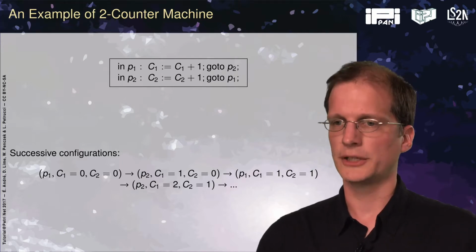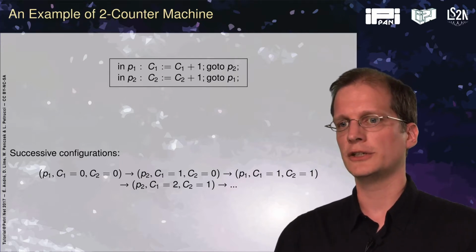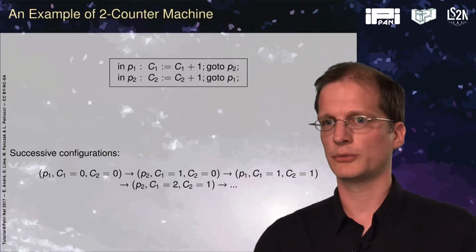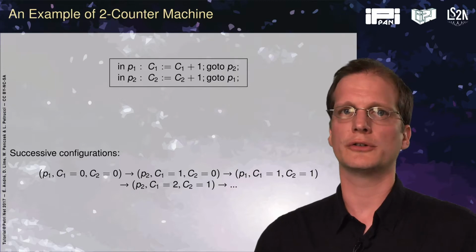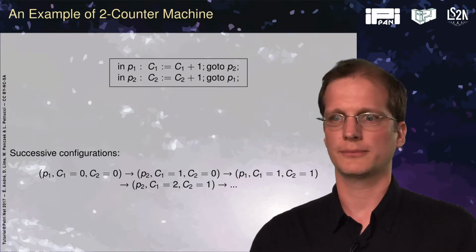So here we can see that this machine will never stop because we do not reach a halt location, and also the value of the counters is unbounded.